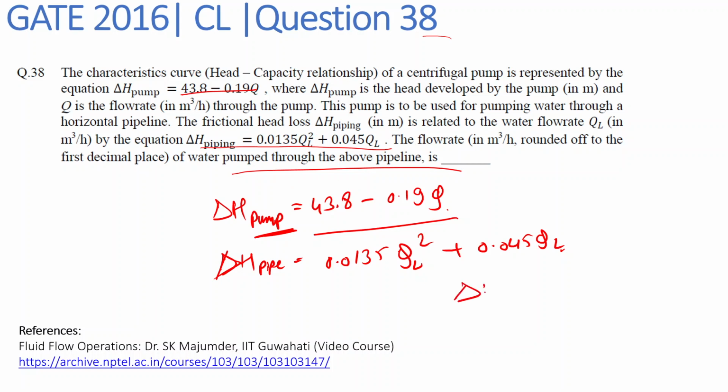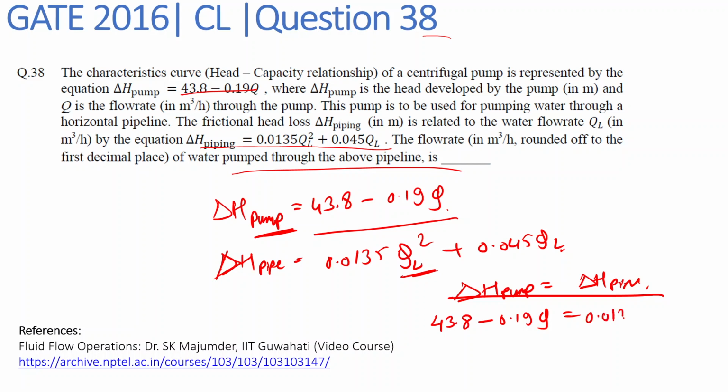That is, we can say that delta H pump is equal to delta H pipe, and we can equate both of these equations and write this as 43.8 minus 0.19 Q, where Q is the flow rate through the pump, equals 0.0135 Q square plus 0.045 QL.